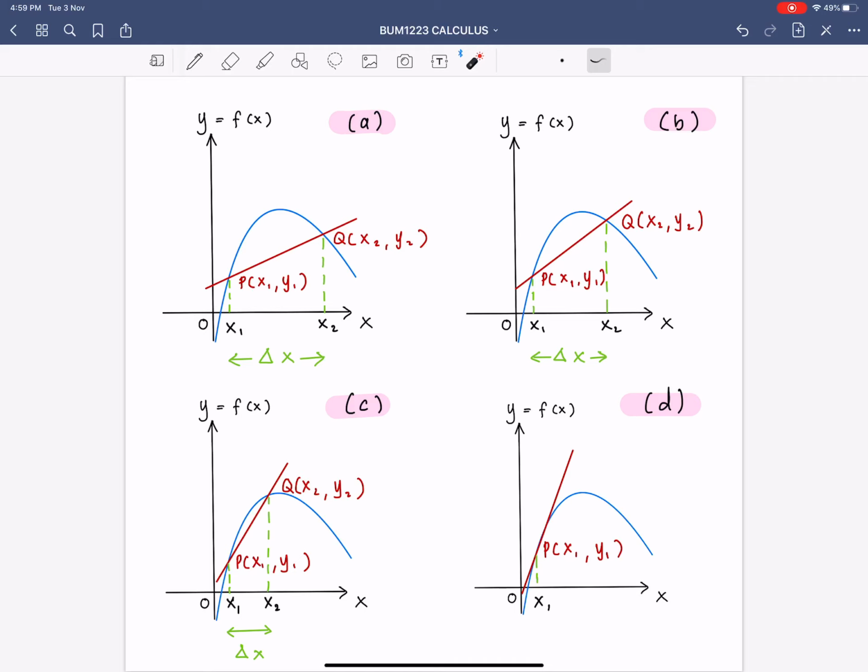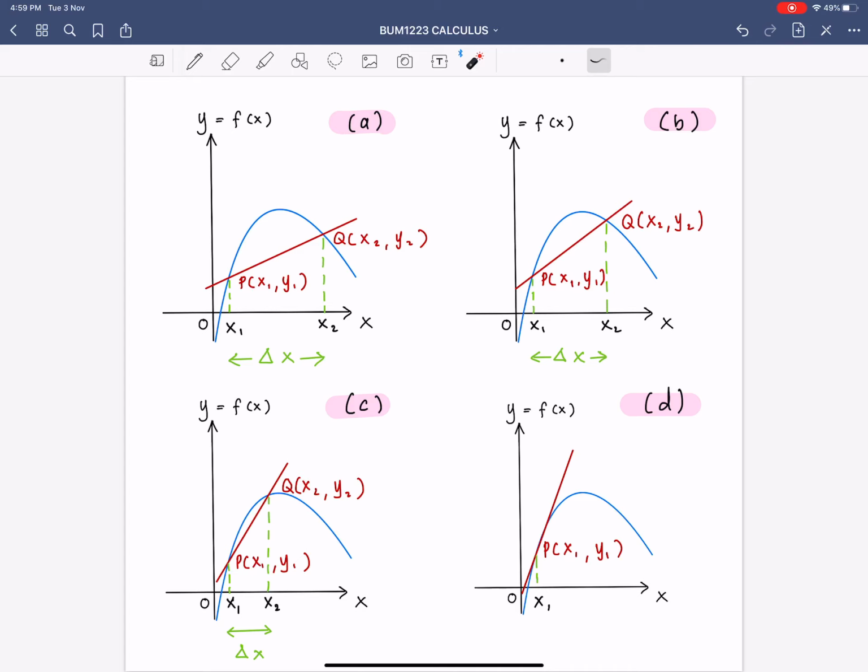It can be observed that when the point Q approaches P, the x2 value approaches the x1 value. As a result, the delta x value approaches 0. Therefore, when the point Q gets closer and closer to P, the line joining the points P and Q approaches the tangent line at point P.